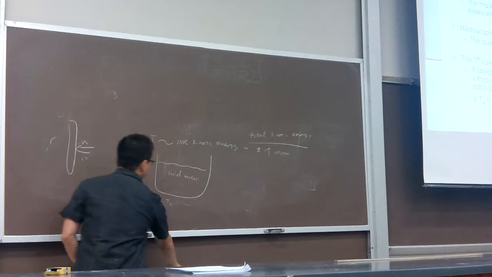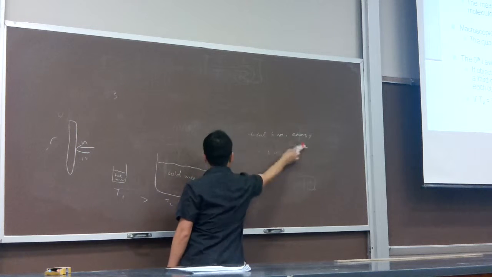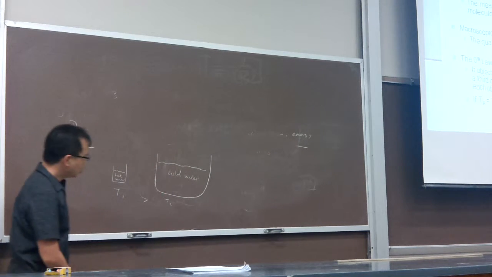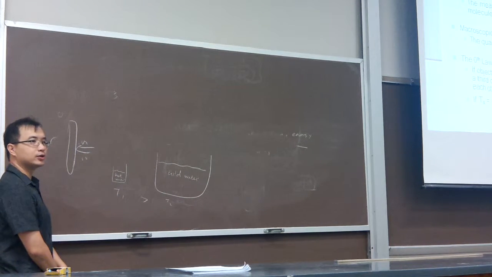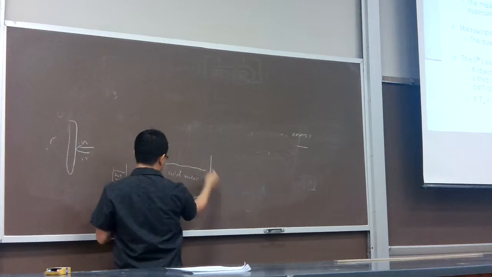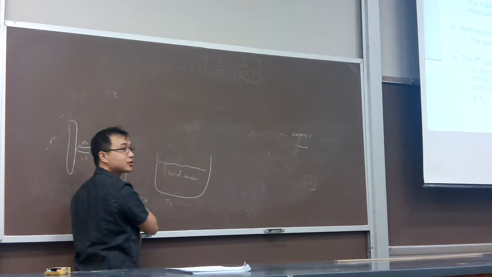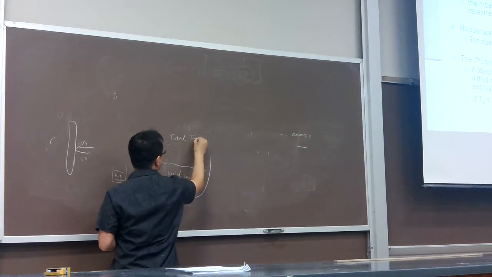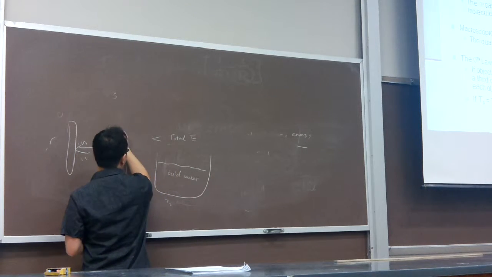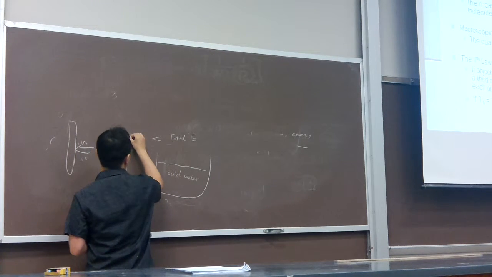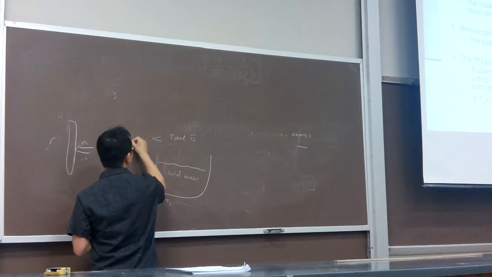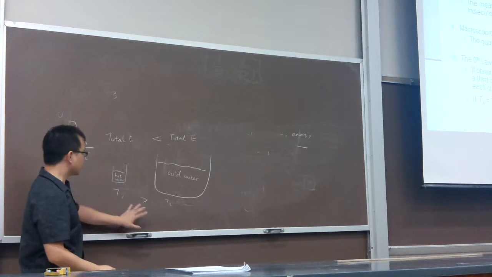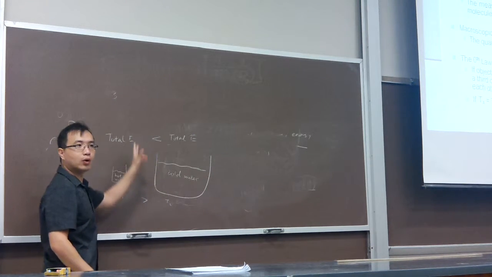But now, if we consider the total energy, which one has a larger total energy? Usually it should be the cold water, because it is much larger in size. So the total energy for this one should be larger than the total energy for this one. So you see, temperature has nothing to do with the total energy.